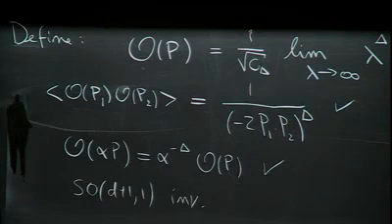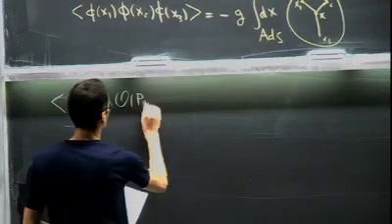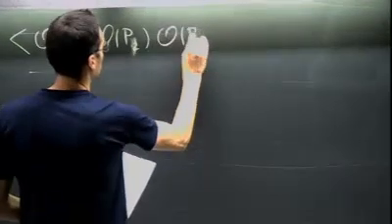So for example, if you want to be a bit more detailed, the 3-point function now has a bit more structure. So what is the 3-point function? We can just take the limit of this one.